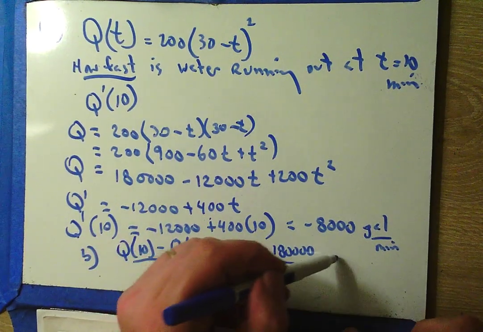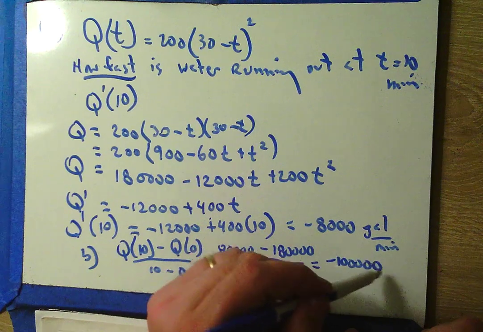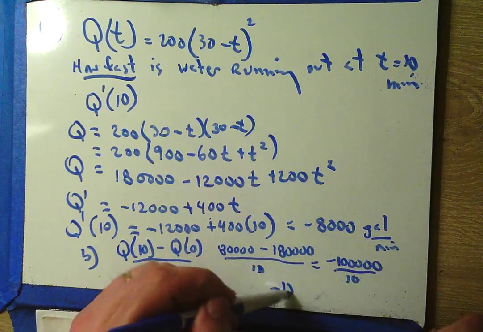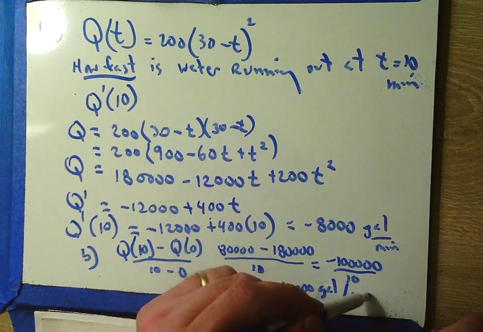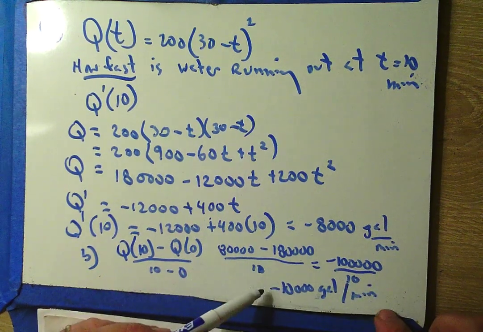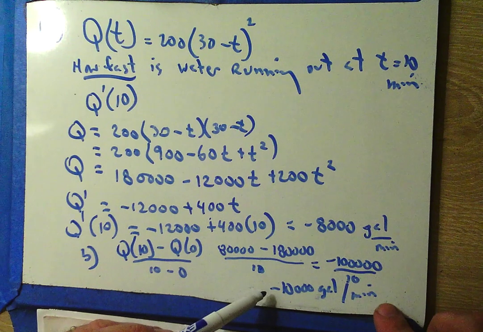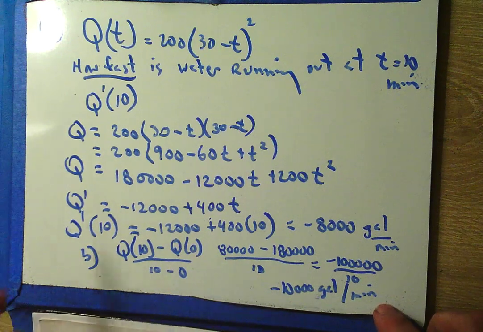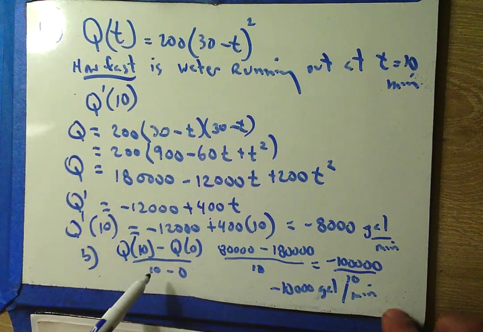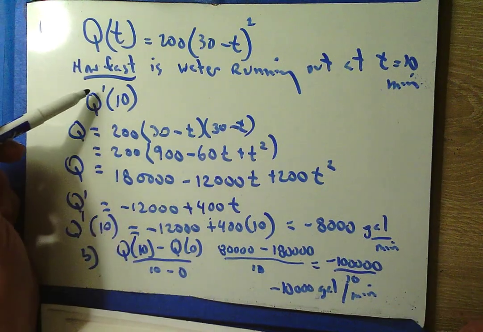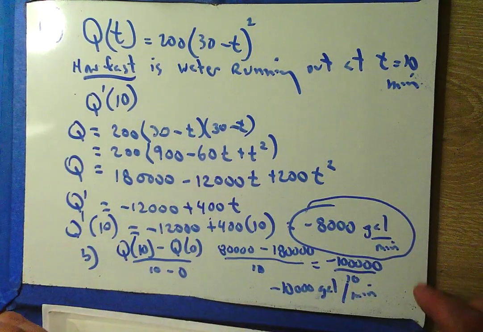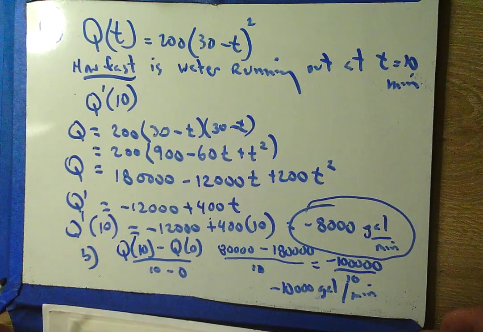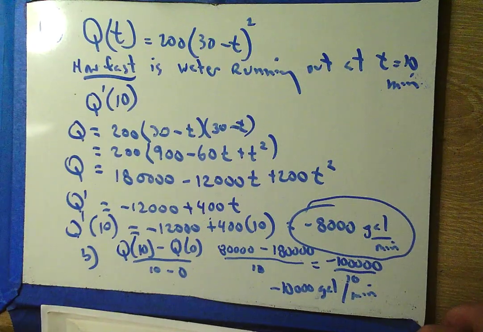So I get negative 50,000 over 10, or negative 5,000 gallons per minute. On average, the tank is leaking 5,000 gallons per minute for the first 10 minutes. At time equal to 10, the tank is draining exactly 4,000 gallons per minute. Okay, there's number 8, a typical AP question.